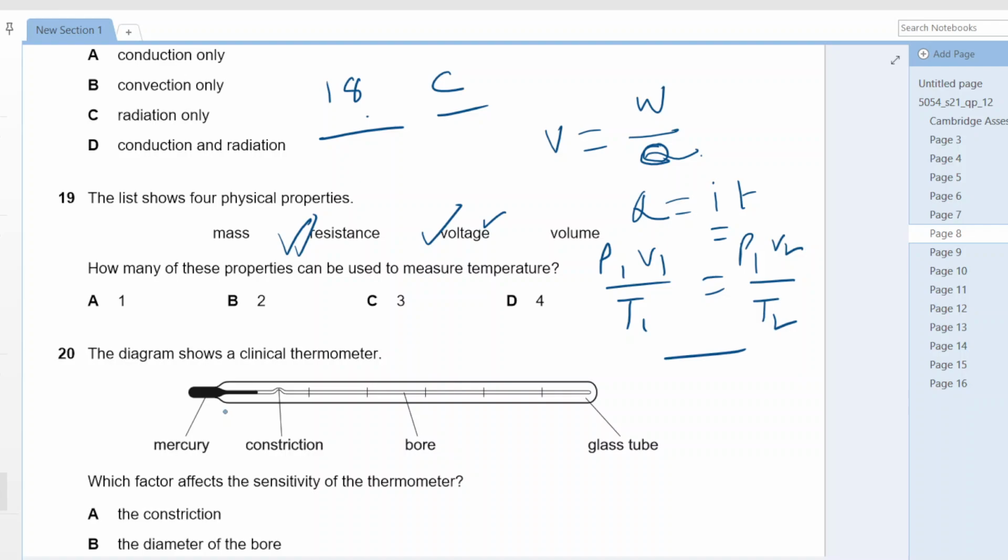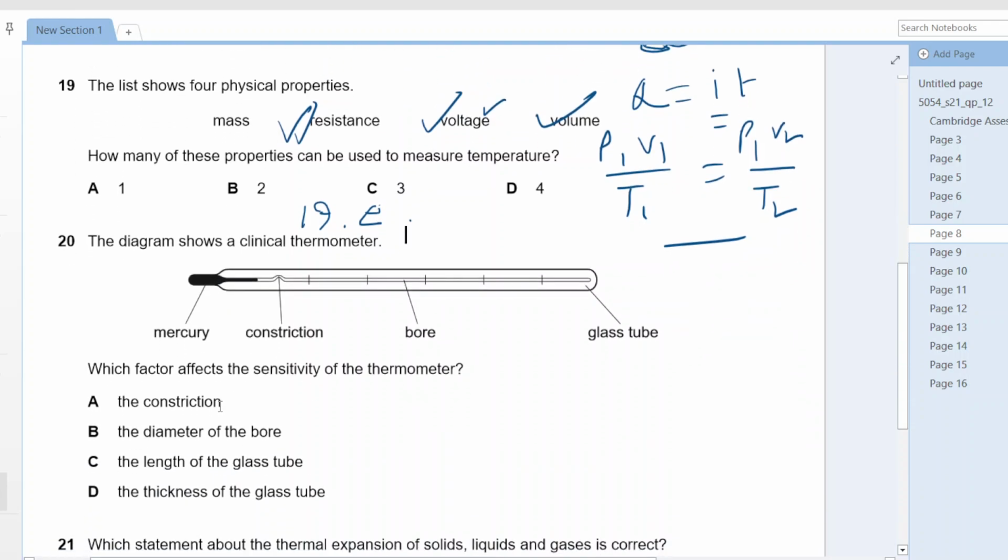Therefore, volume is also connected to temperature. Therefore, how many of these properties can be used to measure the temperature? Therefore, three properties, and 19 answer C. And I'm at question 20.